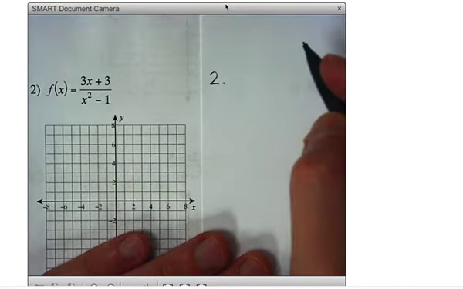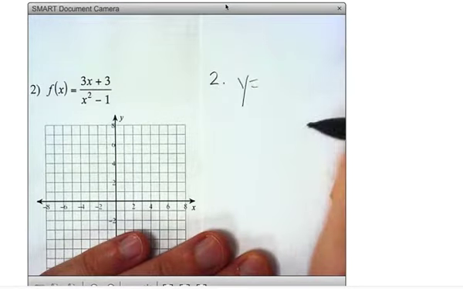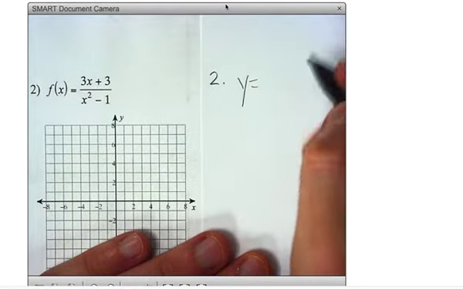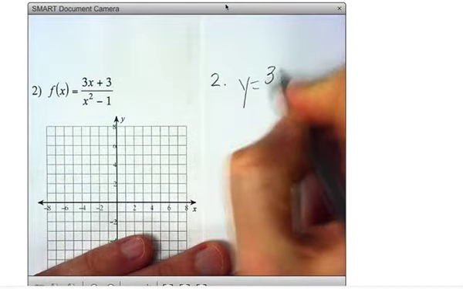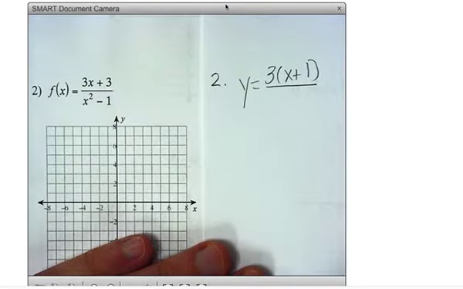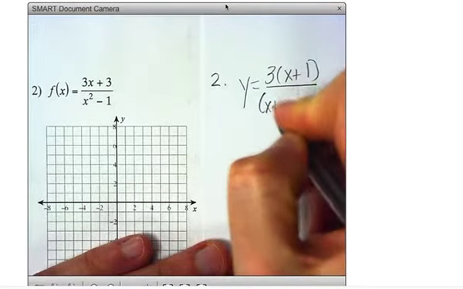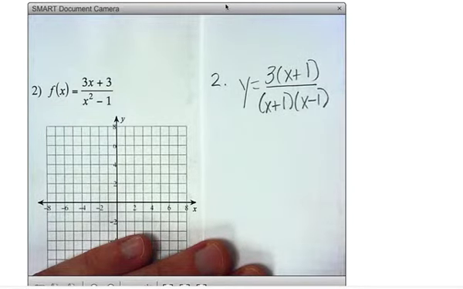Yes. What's the GCF? That's your first rule. 3. Does the bottom factor? Yeah. What does it factor into? X plus 1, X minus 1. Any questions on that?